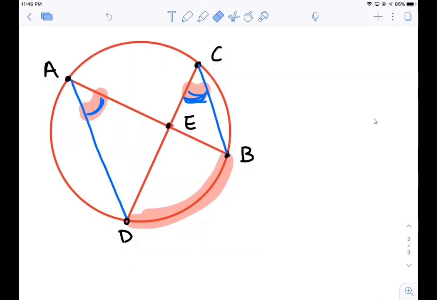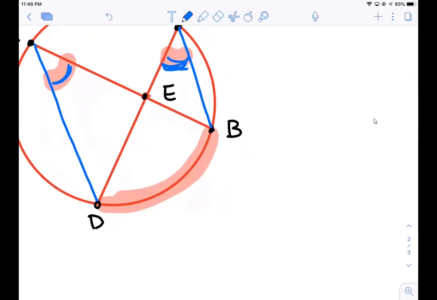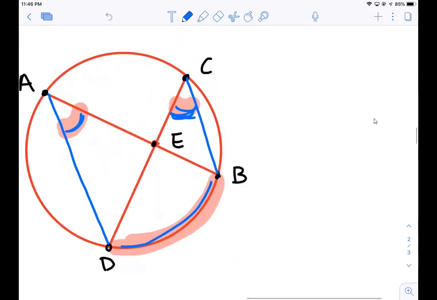Or if you want to do it a little longer way, you can say that angle A equals half of the measure of arc DB. Angle C equals half the measure of arc DB, and then you can use substitution, set them equal to each other. So we got a whole bunch of ways.